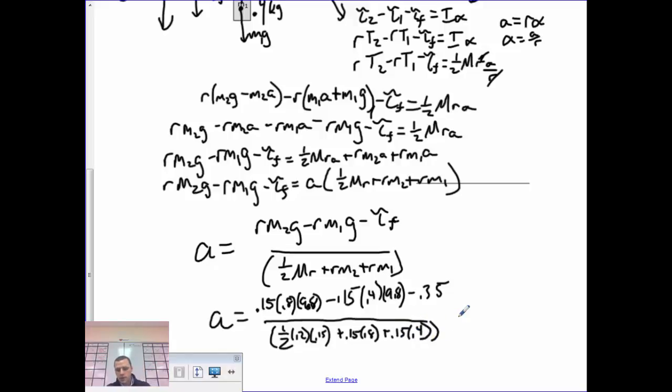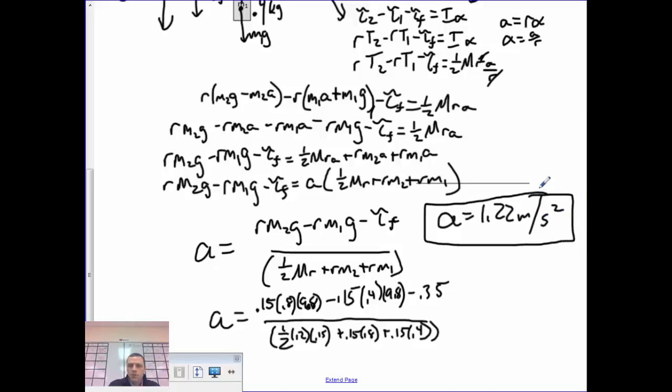So you can plug all that in. And you finally end up getting 1.22 meters per second squared for a very difficult problem.